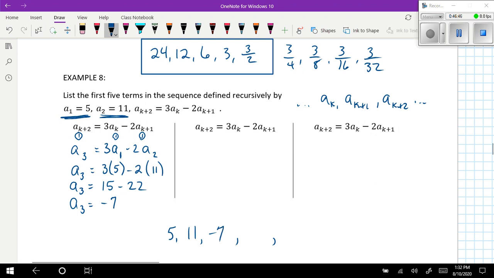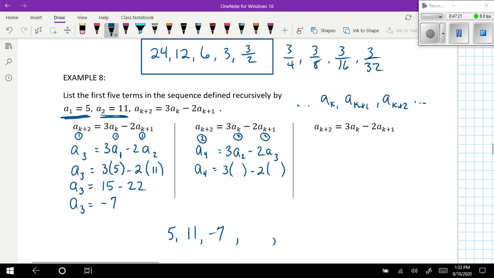Now I want to find a sub 4. And in order to find a sub 4, now my k value would have to be a 2. That doesn't really look all that nice. So if my k value is a 2, then a 2 has got to go in for k throughout everything here. So this is going to give me 3a sub 2 minus 2a sub, and what's 2 plus 1? 3. So a sub 4 equals 3 times, minus 2 times.